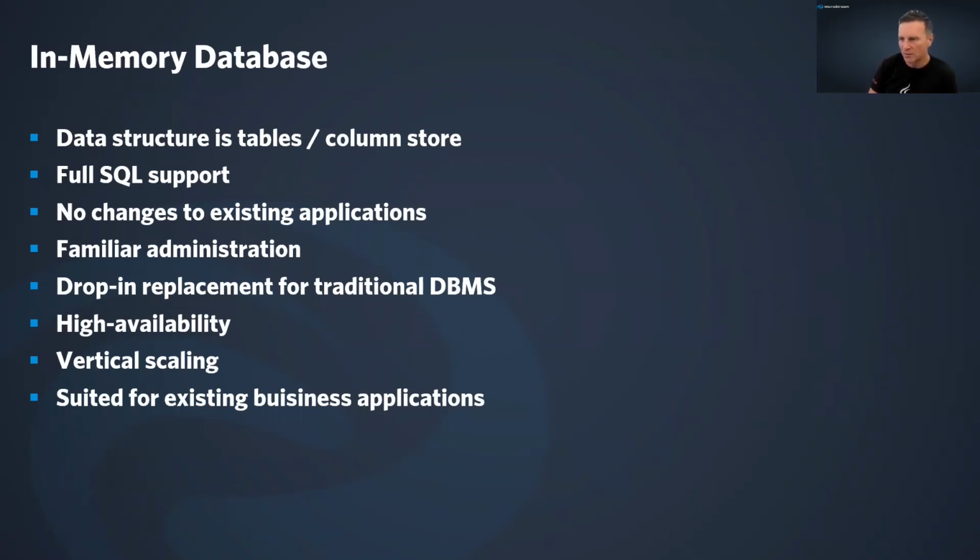This is really cool. No changes to your existing application. So everybody who maintains a database is familiar with the technology. So it's also highly available. You can scale it horizontally by replication, and it's also, of course, suited for all business applications.